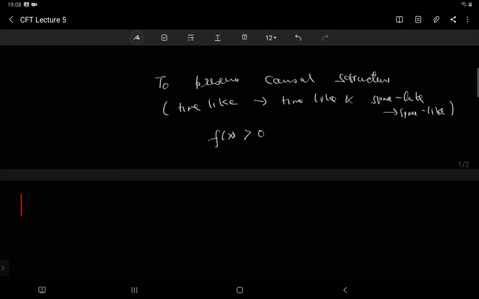This is in any dimension. This is just saying that your distance has to be positive. In the Lorentzian case it means you're preserving causal structure, but in Euclidean you're just saying that the distance has to be positive, so that has to be preserved. That's all.